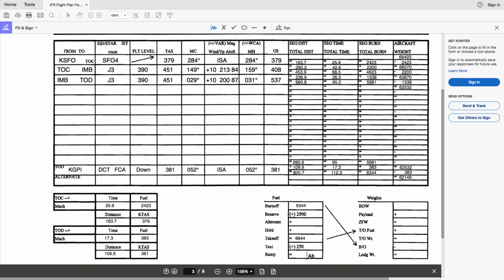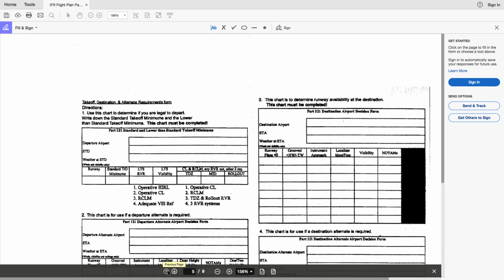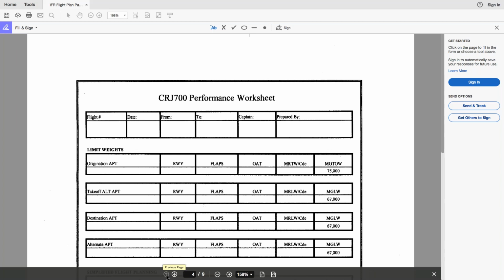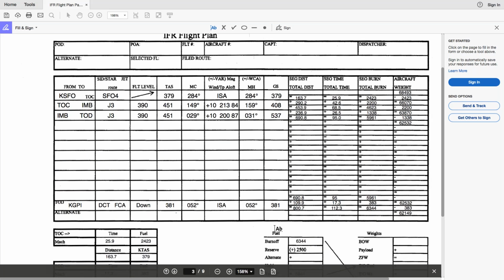Okay, to get our ramp weight, we add 250, 90.94. Just out of curiosity, let's go down to our weight and balance, 9,800 pounds. So we're like 700 pounds off of what we had estimated. A lot of it is due to that 537 knots we picked up. It's a nice wind.